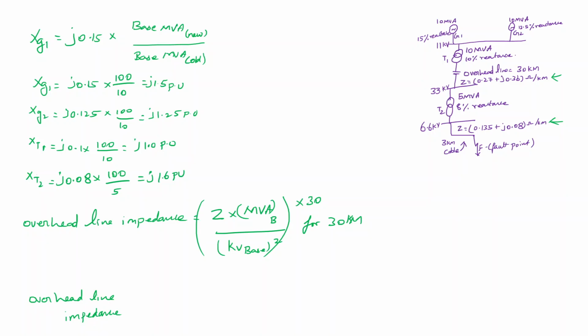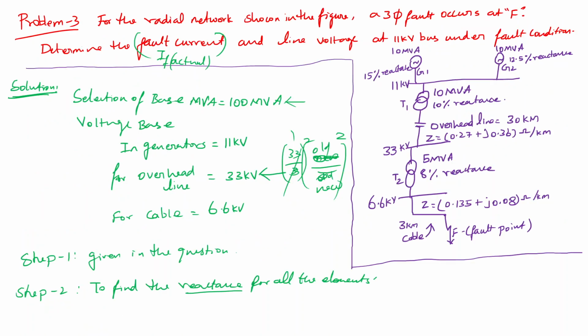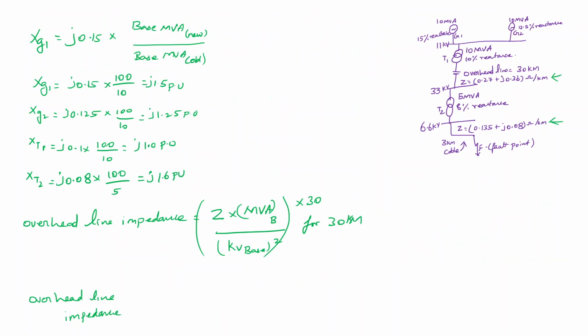And what will be the KV base? For the overhead line, 33 kV, very good. We consider 33, the maximum voltage in the transmission line. So we have taken three different bases for kV. Here we consider the 33 kV base, the whole square.